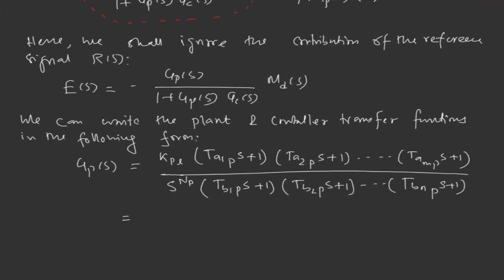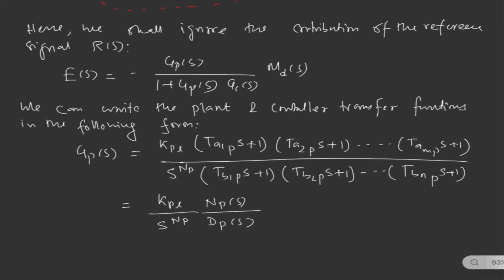So from this transfer function, we can further write Kpl divided by s to the Np, times Np(s) over Dp(s).